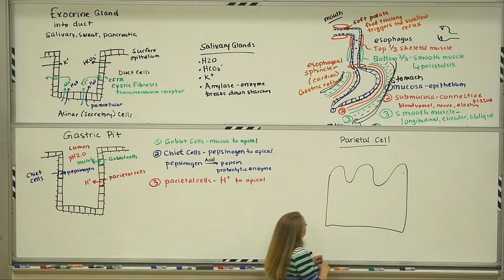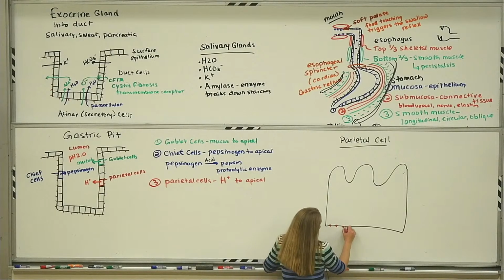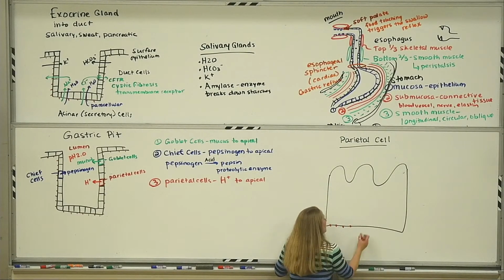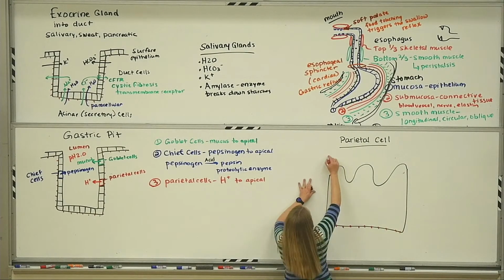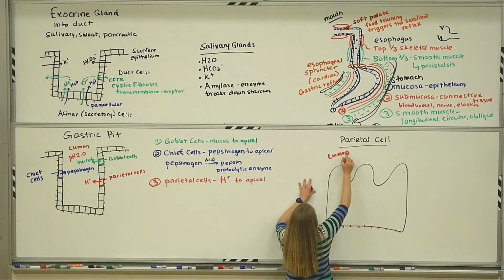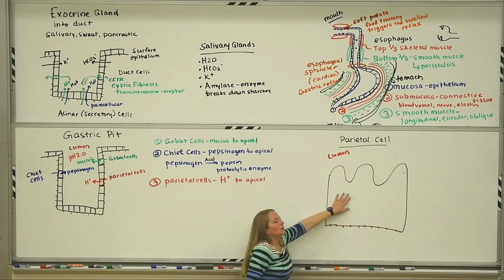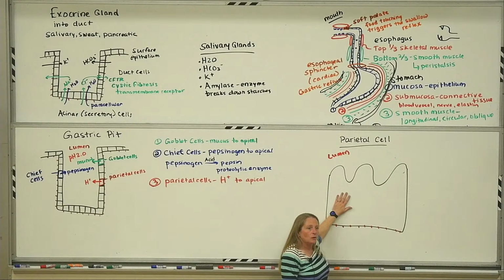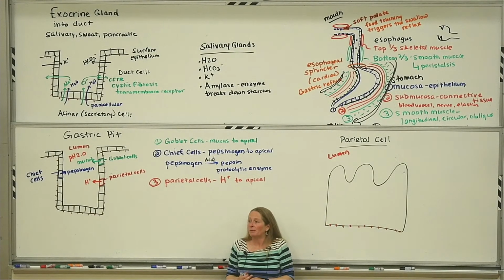All right. So this is the basal lamina or basilar side. And this is our lumen. We can create hydrogen ion in the cell by using our carbonic anhydrase buffer system, the one that we talked about in lungs.